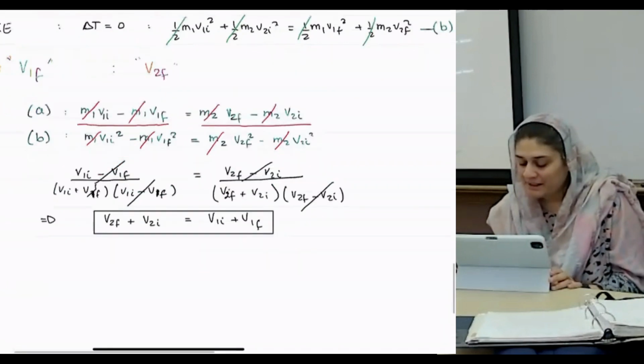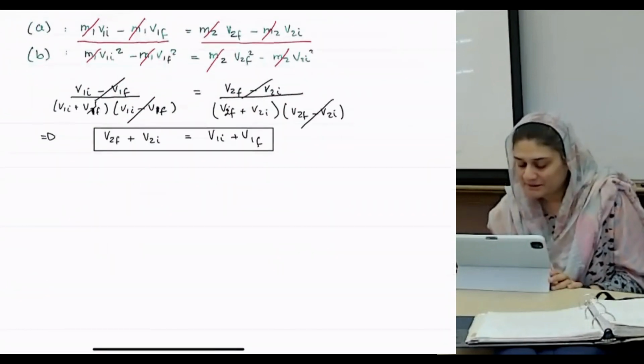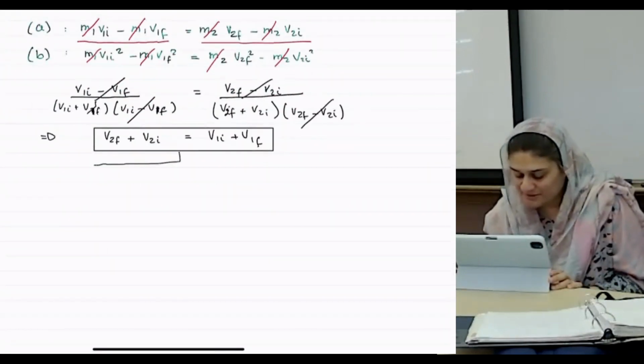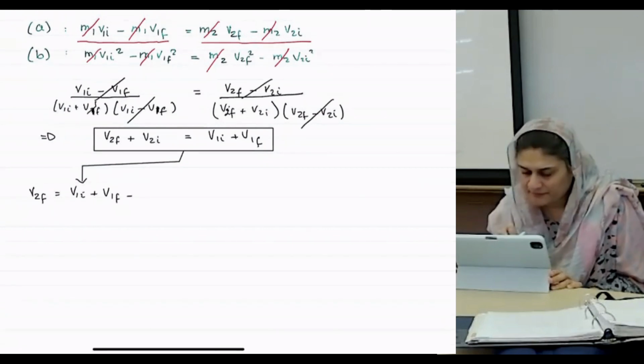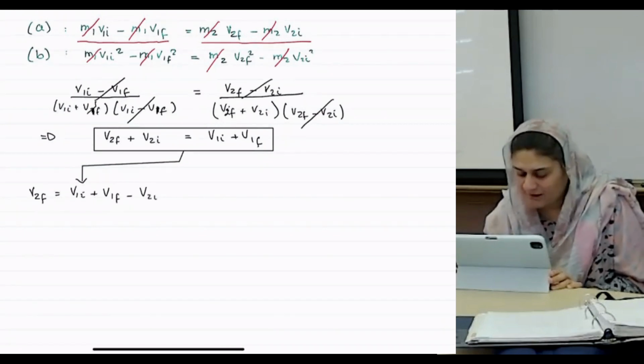Okay. May I then rewrite this in 2 ways? May I rewrite this as V2F equals V1I plus V1F minus V2I?